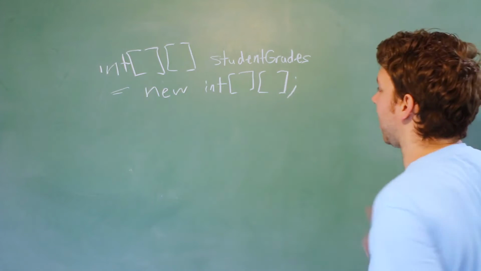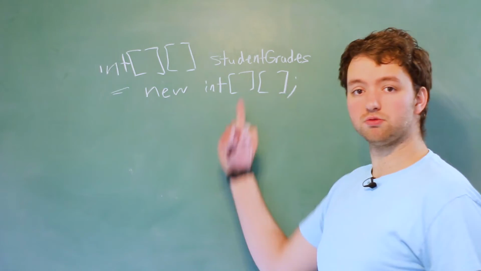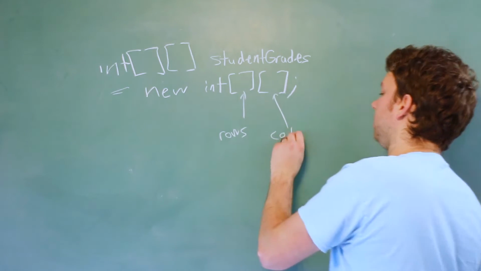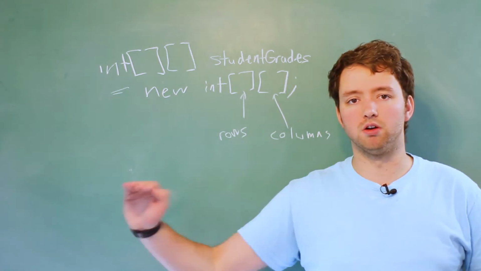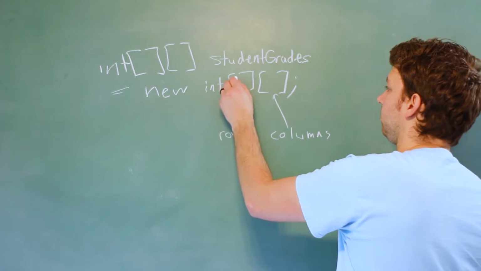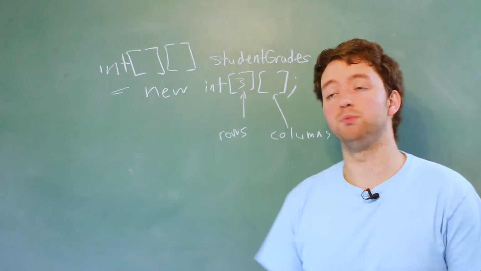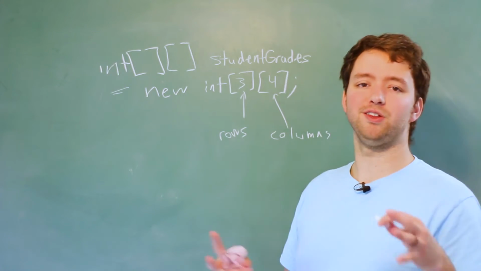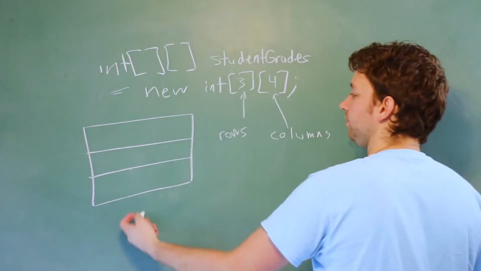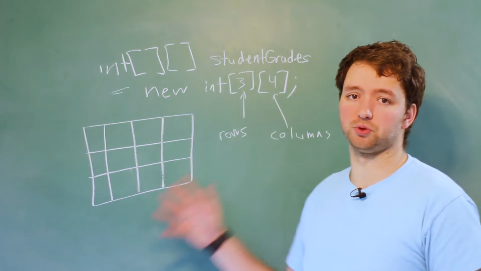And we're going to put the sizes here. So here is the rows, and here is the columns. So if we need 3 rows, we would put a 3 here. If we need 4 columns, we would put a 4 here. The shape that's going to make looks a little bit something like this. We're gonna have 3 rows, 4 columns. So that's the structure we just created.